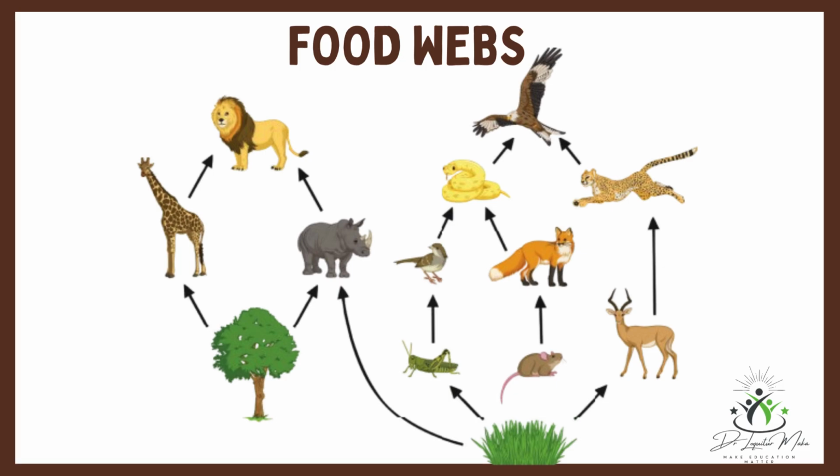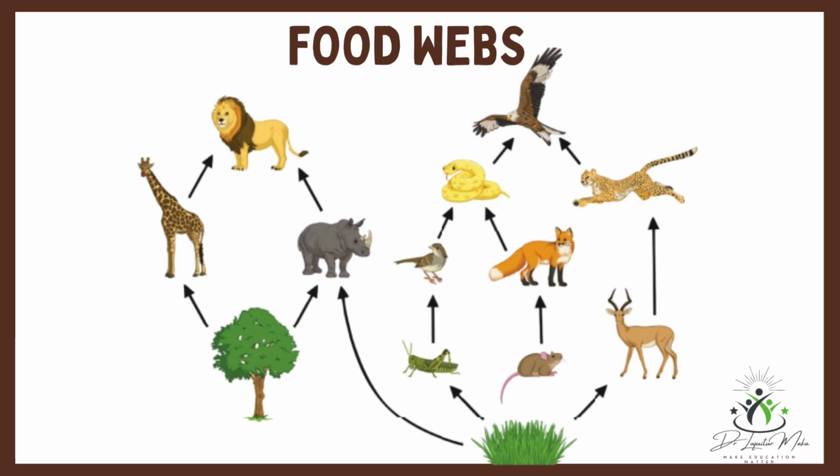Now in this case, the grass will be eaten by the grasshopper, right? But that grass is not only eaten by the grasshopper, it's also eaten by a rhino. Is that a rhino? I think so, right? But now this rhino does not only consume the grass, it also consumes the trees or the shrubs, right?